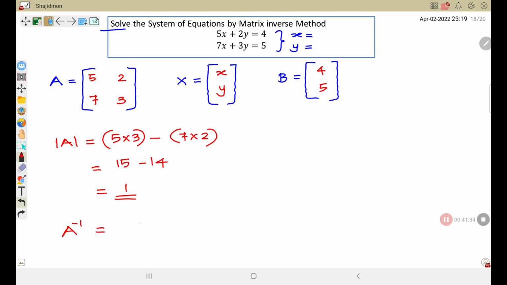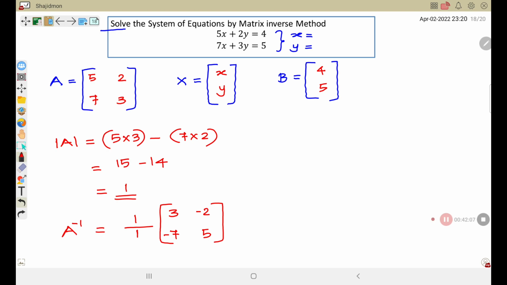A inverse equals 1 over determinant of A. The determinant of A, we just got 1, correct? The determinant should not be equal to 0, then only the solution exists. Otherwise no solution exists, correct? So 1 over 1 multiplied by the matrix with main diagonal interchanged, 3 and 5, and the off diagonal numbers with opposite signs, minus 2 and minus 7.